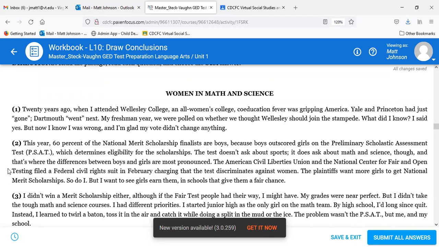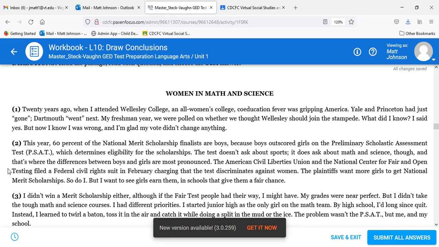This year, 60% of the National Merit Scholarship finalists are boys because boys outscored girls on the preliminary scholastic assessment test, which determines eligibility for the scholarships. The test doesn't ask about sports. It does ask about math and science, though, and that's where the differences between boys and girls are most pronounced.